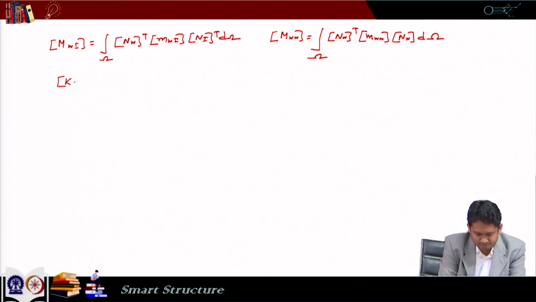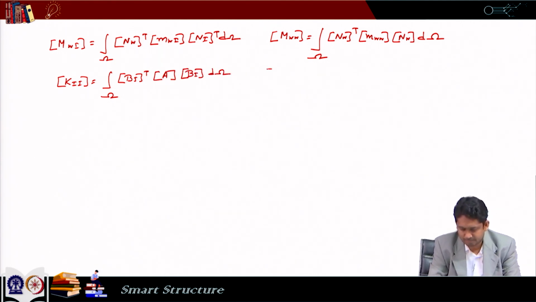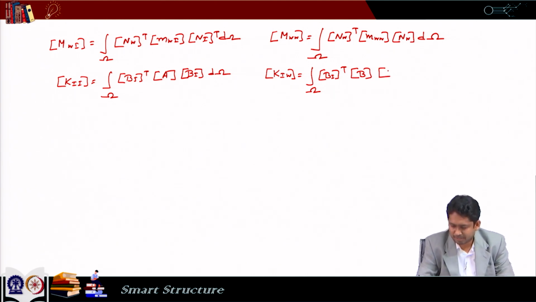Then comes the stiffness terms. So, we have KII, which is equal to Bi transpose multiplied by A multiplied by Bi d omega. Here we have KIW, which is equal to Bi transpose multiplied by the B matrix multiplied by BW transpose.